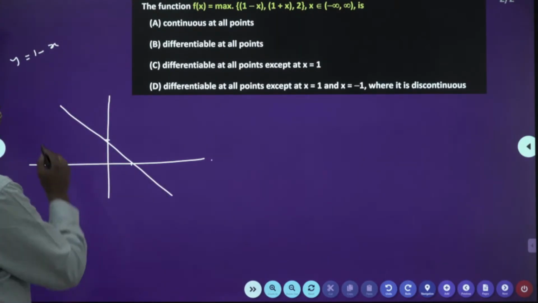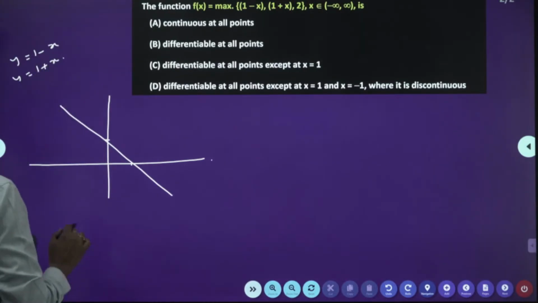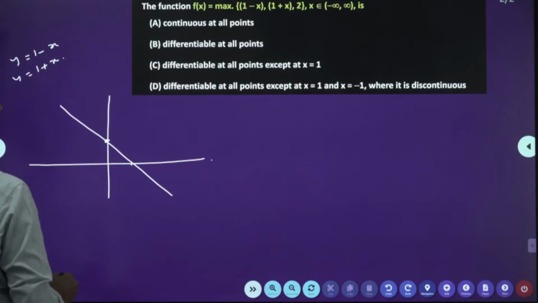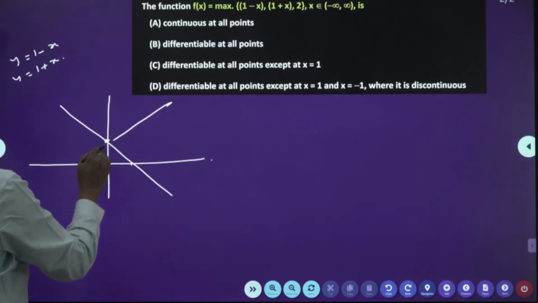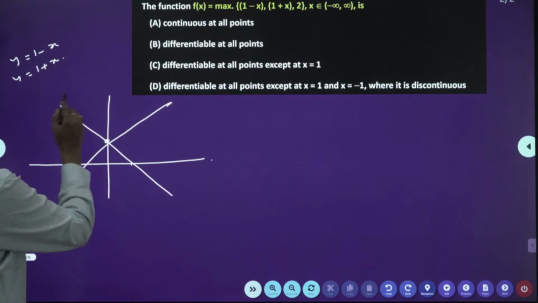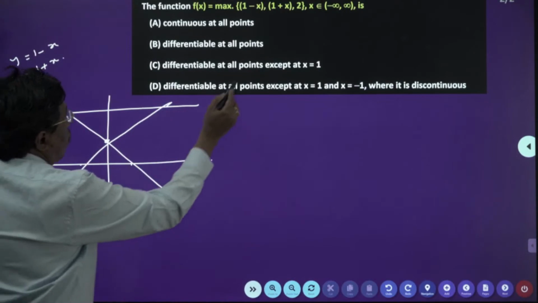Next is y is equal to 1 plus x. Put x equal to 0, you get y is equal to 1 again, y is equal to 0, you get x equal to minus 1. So you get one line like this. Now y is equal to 2 is this line.